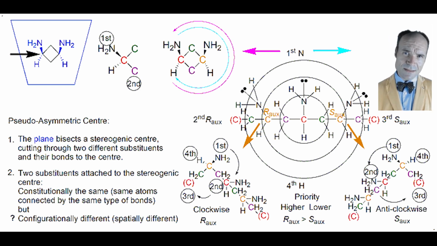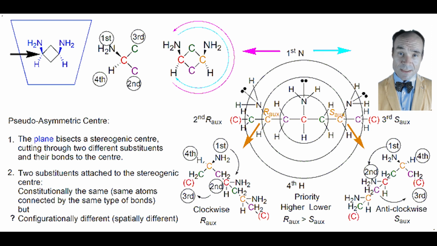Next is the third priority, that's the upper ring green carbon, again due to the configuration of the orange carbon from there. Lastly, the hydrogen going back into the screen is the lowest, fourth priority.